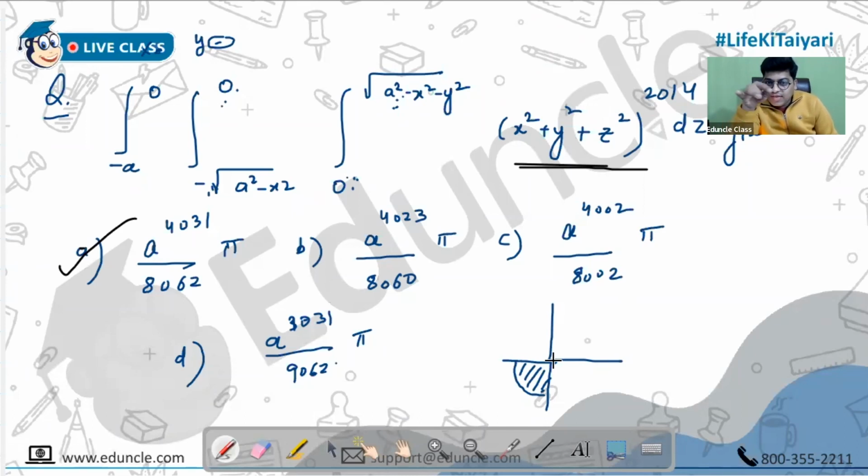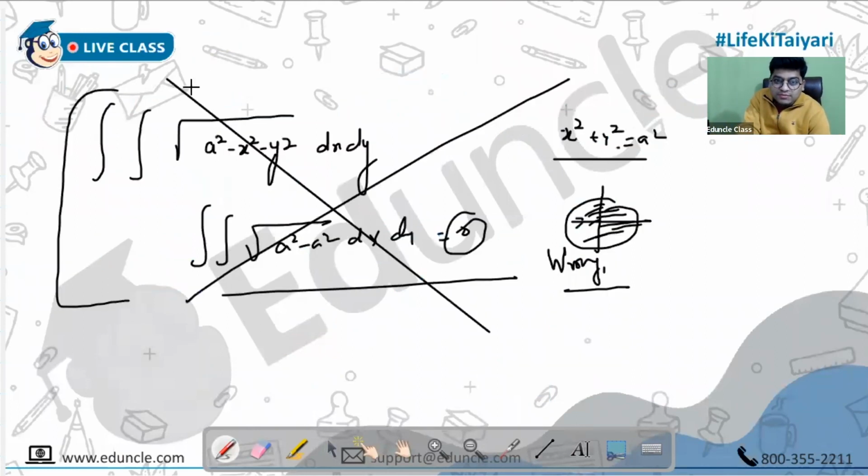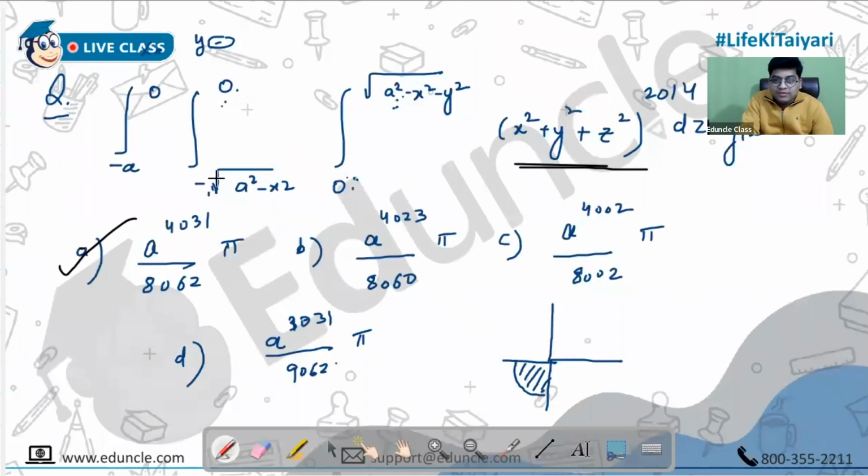Basically, this is x negative, y negative, z positive. So this is the first part. And you know that the sphere, whatever you are doing, it means, can I write down that this problem is same as you are finding this in the first quadrant, sorry, first octant? Yes or no?